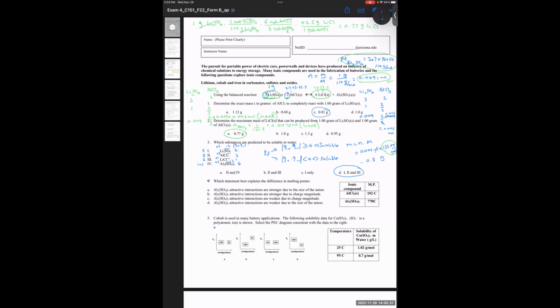Okay, question 4. Which statement best explains the difference in melting temperatures? Aluminum chloride 192, aluminum sulfate, my goodness, 770 centigrade. Okay, so it should be pretty straightforward. The ionic force, right? So remember, the ionic force is directly proportional to the charge product.